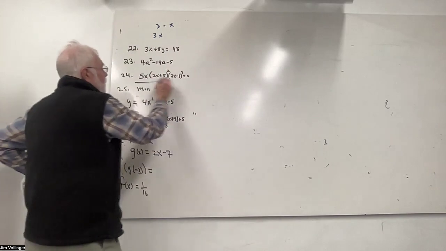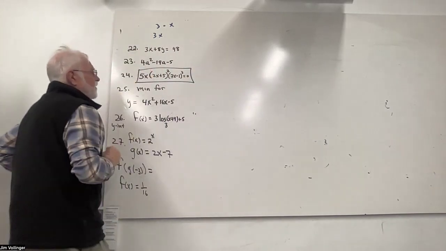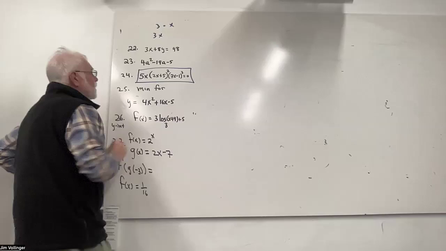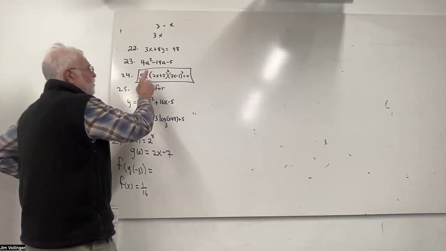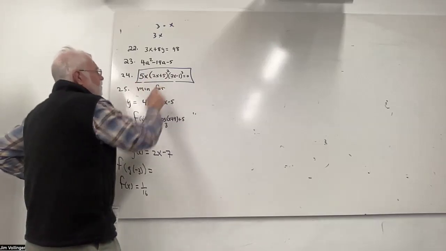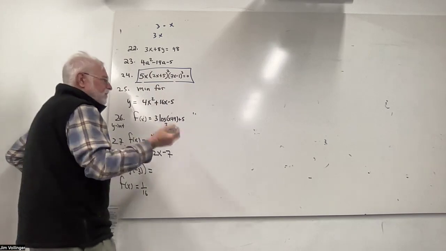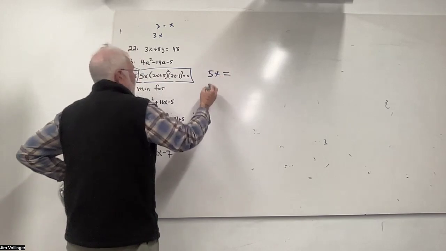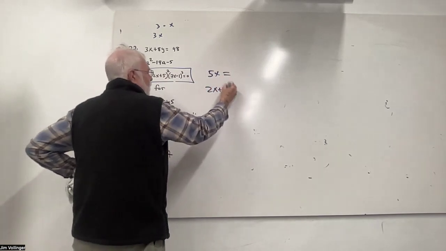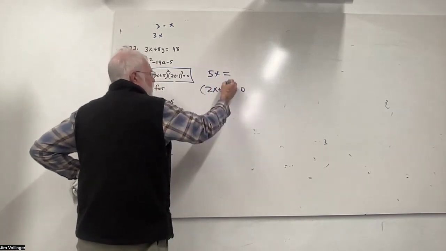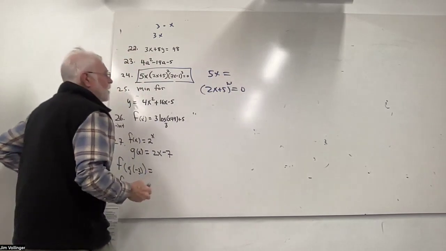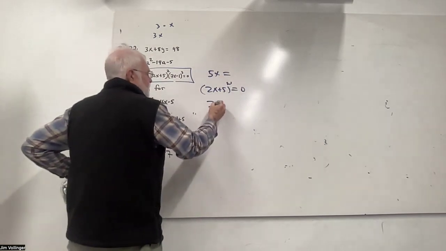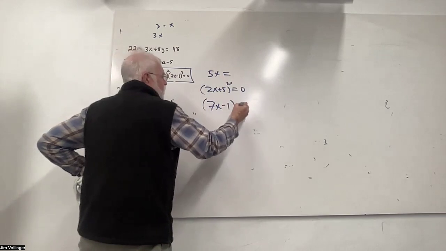All right, so you've seen this now for several days. I hope you're not doing any work. It's a product. What do we do? Each term, we make each term 0. So how do I make 5x equals 0? How do I make 2x plus 5 in the parentheses equals 0? Because I don't care what number you raise it to if it's 0, right? And how do you make 7x minus 1 equals 0?